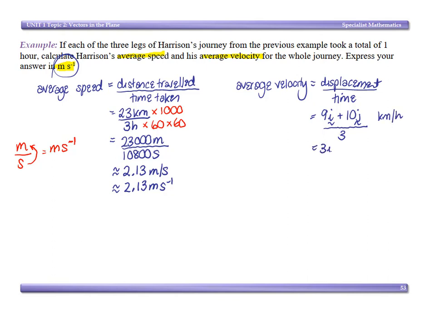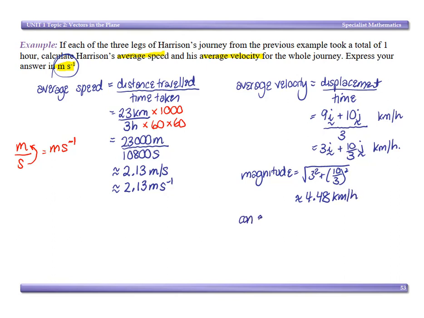So this becomes 3i plus 10 over 3 j kilometers per hour. So our magnitude is the square root of 3 squared plus 10 over 3 all squared, which is approximately 4.48 kilometers per hour.